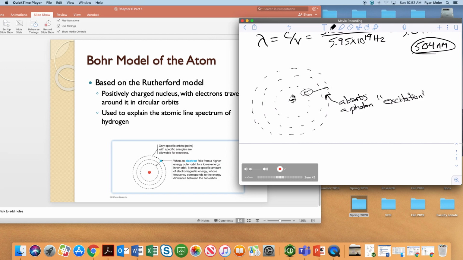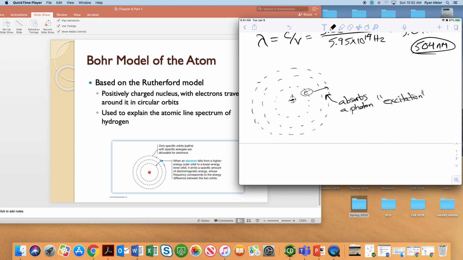But atoms can also emit light. Let's say we have an electron that's been excited and is out in one of these outer orbits, and then that electron wants to go back down to one of those inner orbits. When that happens, it can release a photon. We call this process relaxation.